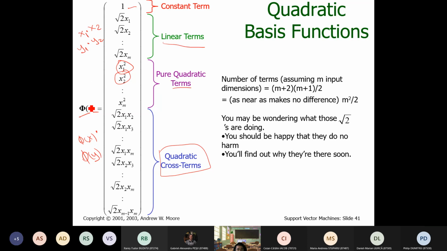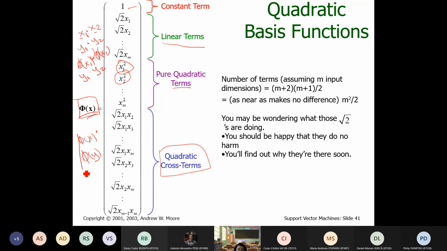Now if we are doing this change, when we define this basis function, it means that when we compute that function, we don't have x1 and x2, but we have phi of x1 multiplied by phi of x2 multiplied by y1 multiplied by y2.